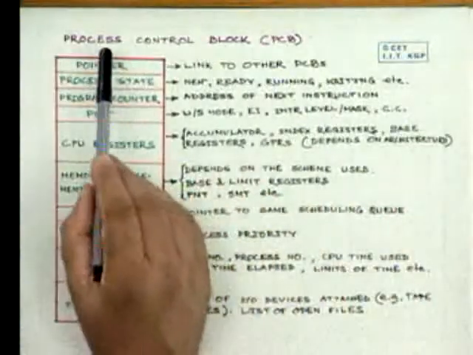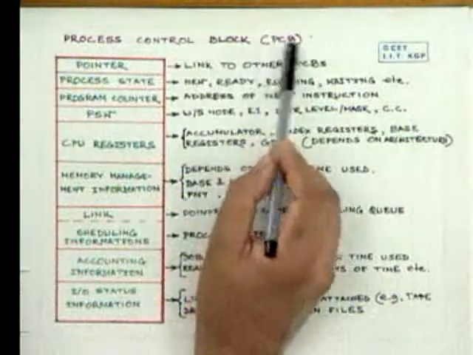How is a process represented within the system? What represents a particular process? Let's first talk about it. A process is represented by what we call a process control block, or PCB.